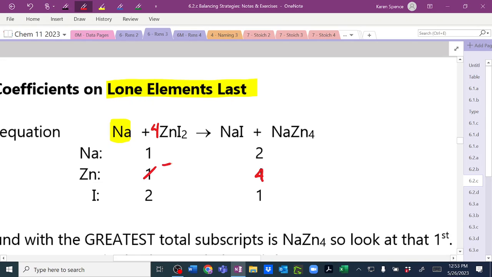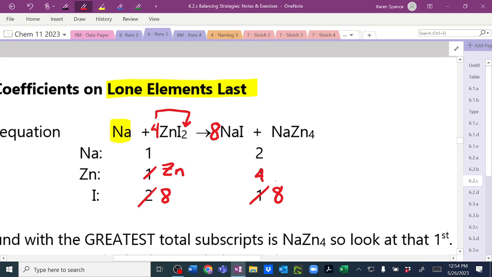That changed our zinc to 4, but it also changed our iodine to 8. Well, I can fix that. I can put an 8 in front of NaI. That changes our iodine to 8.